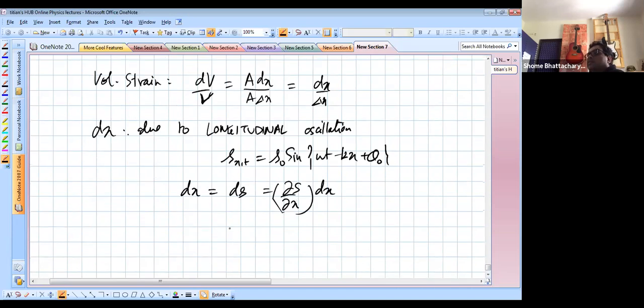So just applying the partial derivative here becomes minus s naught k cos omega t minus kx. That's fine. So this is my ds.